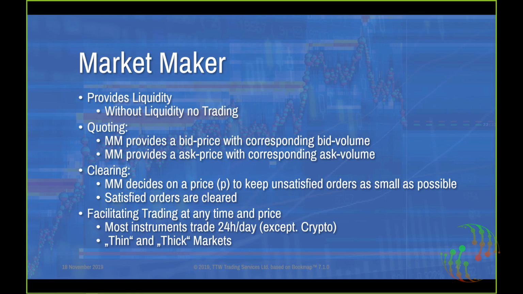To achieve their goals, market makers perform two tasks: quoting and clearing. That's what our broker companies are doing today. At least in the forex market, quoting is the exchange and clearing is the broker. But they initially had the following tasks.